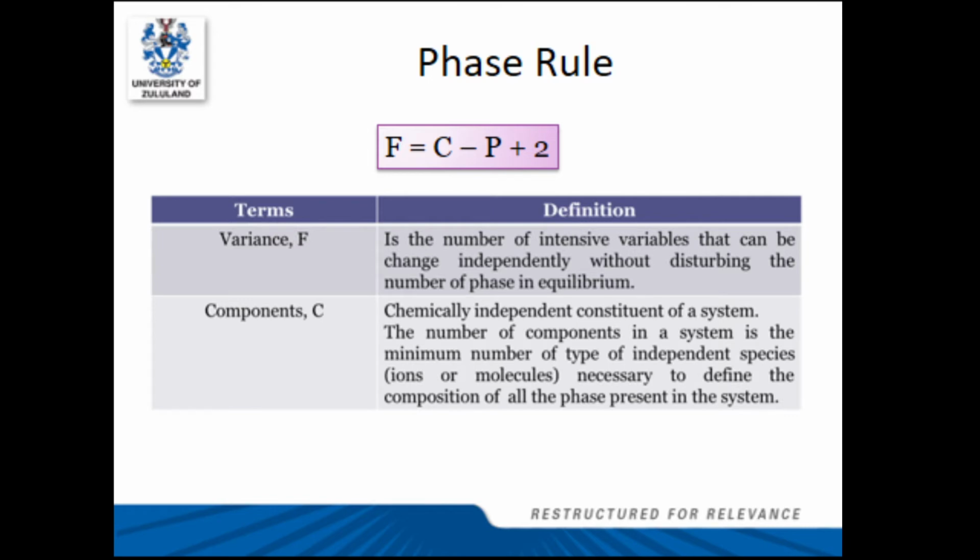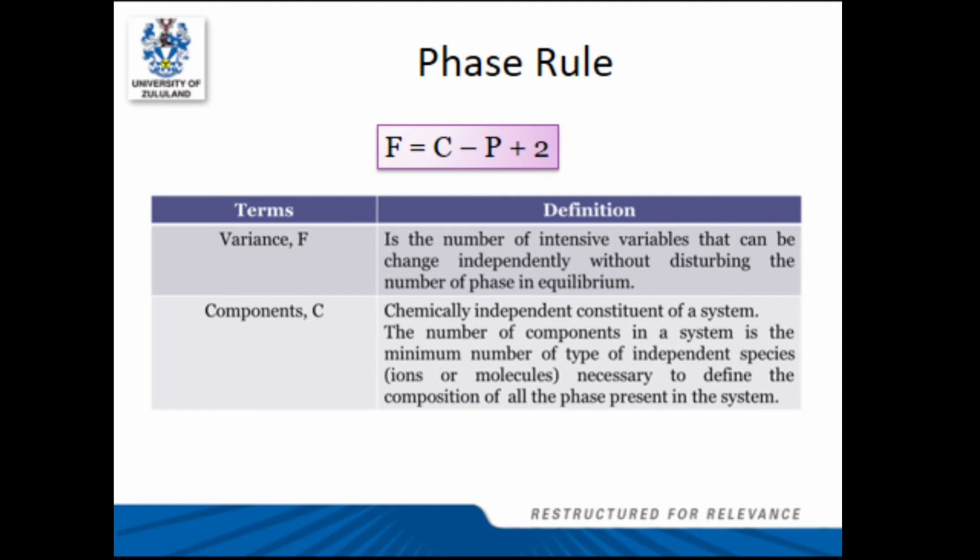C, which is the component, is the chemically independent constituents of a system, which is the minimum number of independent species. Those species can be in ionic form or molecular form that are necessary to define the composition of all phases present in the system.